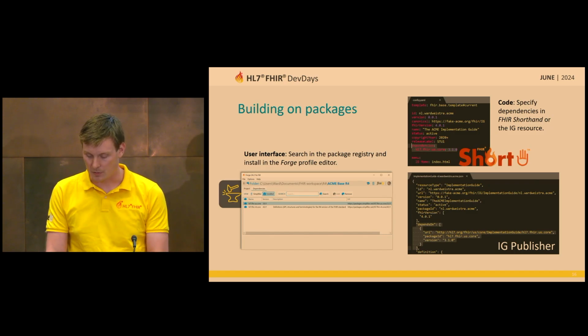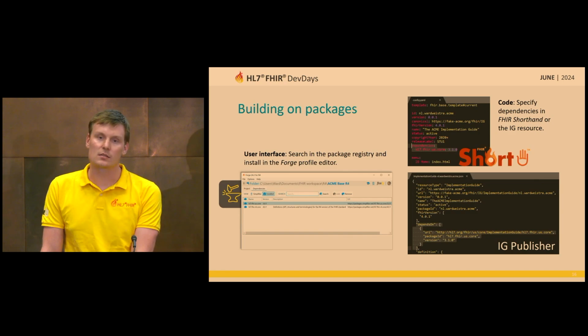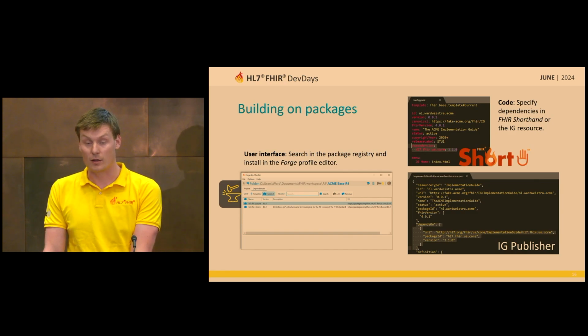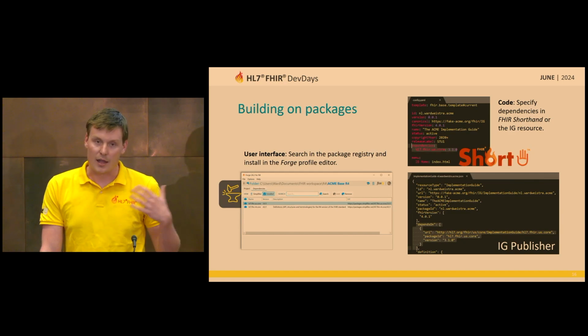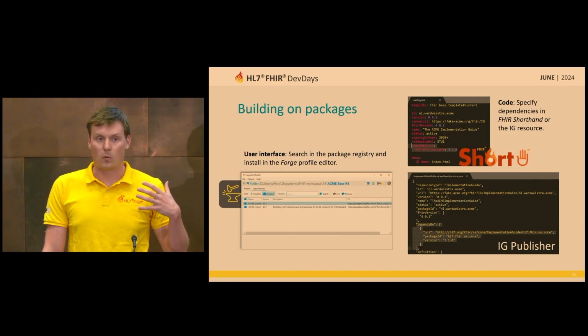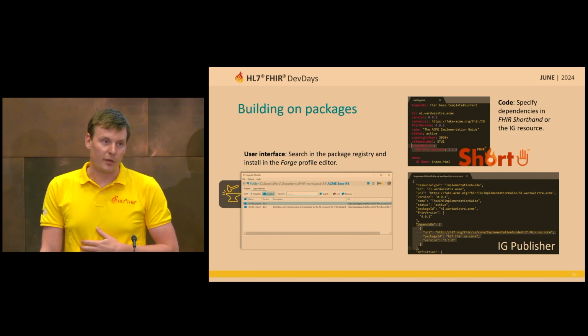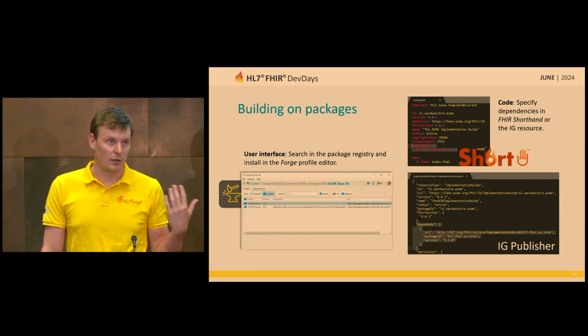Same goes for IG Publisher. So that's nice. Now you have FHIR packages locally, and you know how to build on top of those. And you can add your own rules, create more structure definitions that build on top of them, use every artifact inside of it, so you don't have to duplicate those.